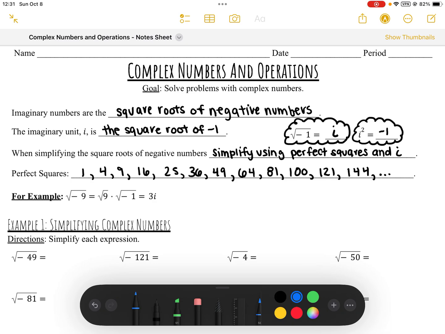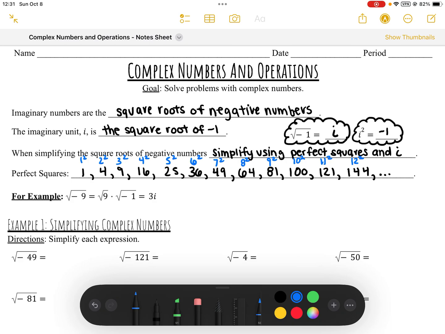So perfect squares are numbers that when you square them, the result are these perfect squares. So like 1 is coming from 1 squared, 2 squared is 4, 3 squared is 9, 4 squared is 16, 5 squared is 25, 6 squared is 36, 7 squared is 49, 8 squared 64, 9 squared is 81, 10 squared is 100, 11 squared is 121, and 12 squared is 144.